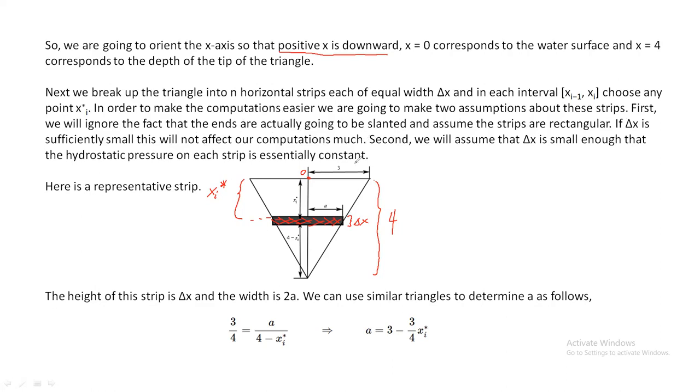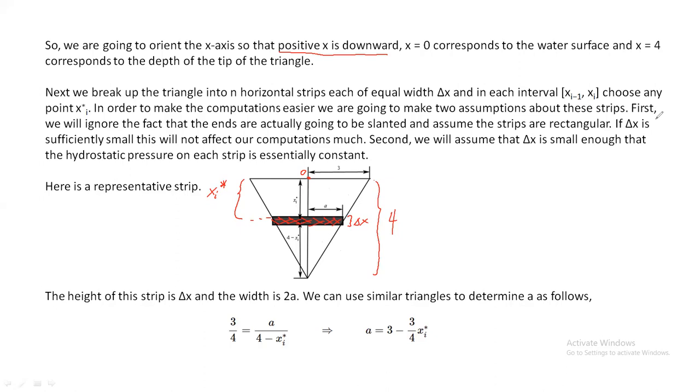The second assumption: we will assume that delta x is small enough that the hydrostatic pressure on each strip is essentially constant. Meaning, the manner you divide this particular face of our triangular plate into horizontal strips, this delta x is made sufficiently small that the hydrostatic pressure applied in this region would be the same in this region.